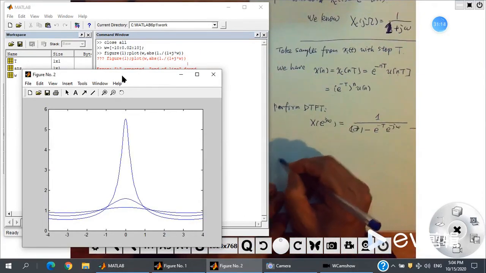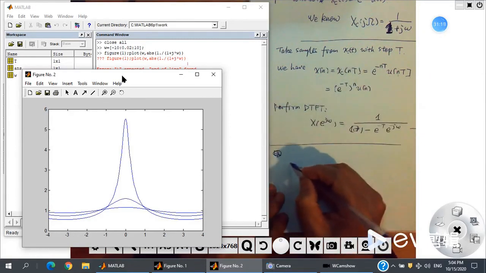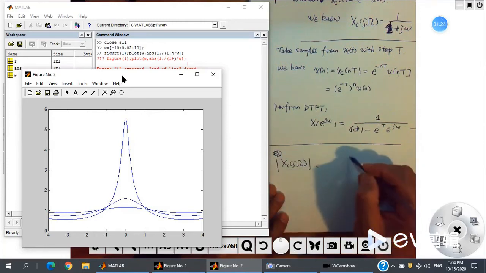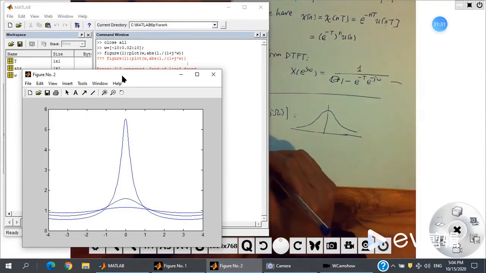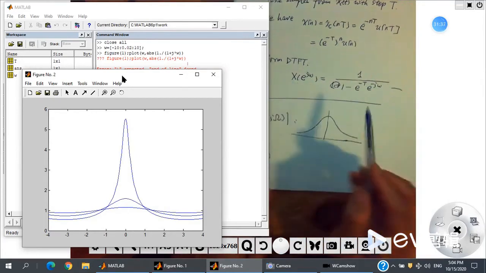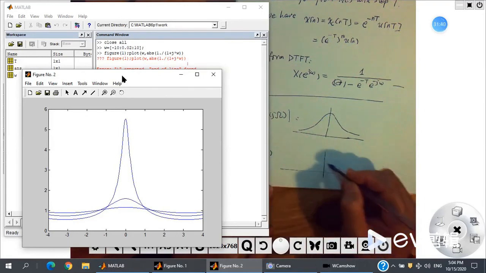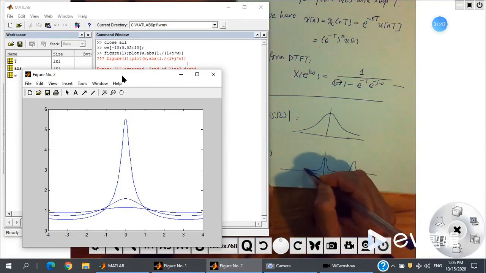This is the original one, right? Just this example. Xc of j omega, the magnitude, looks like this, right? And then the magnitude of x of e to the j omega looks something like this.